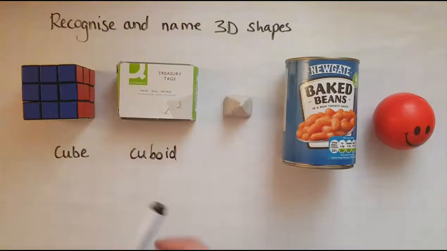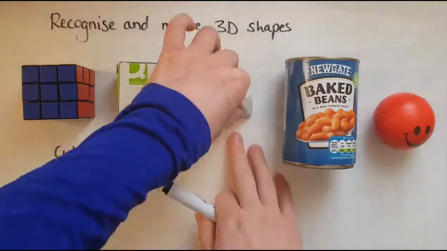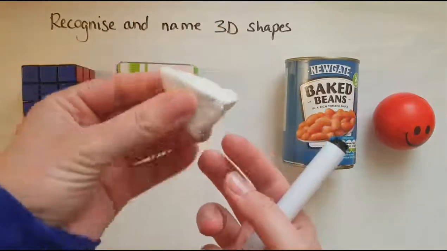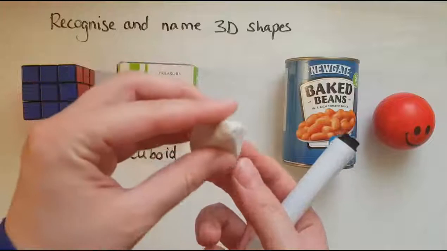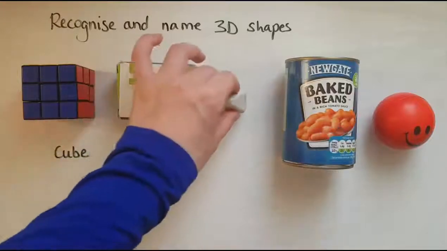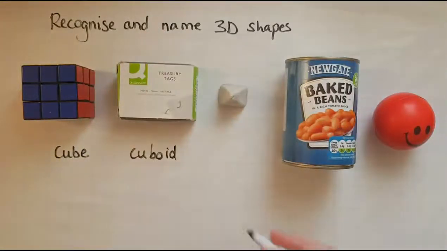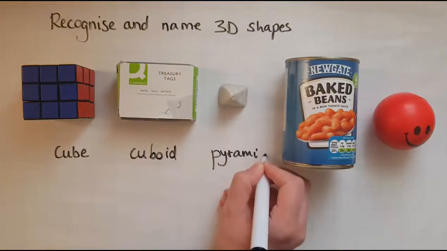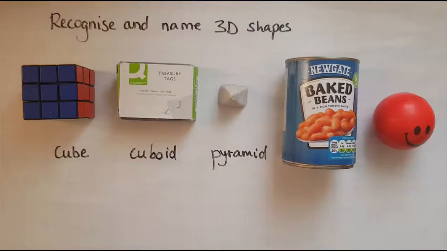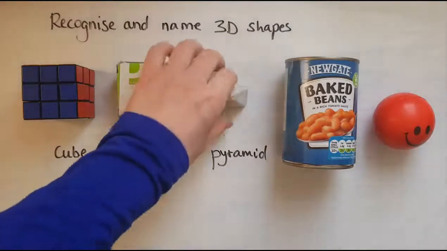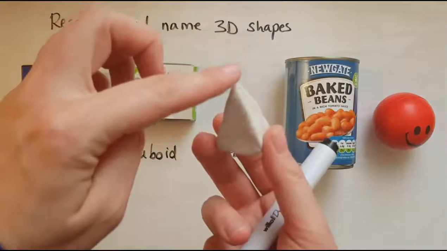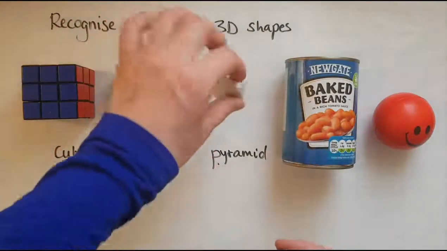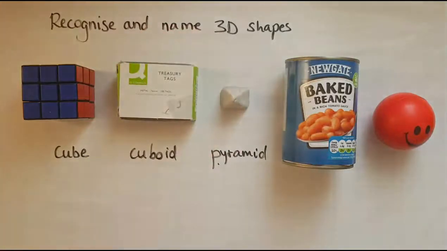The next one we'll look at is this shape, which we call a pyramid, like the pyramids of Egypt. A pyramid is pointy at the top. So pyramid, pointy. That should help you remember it.